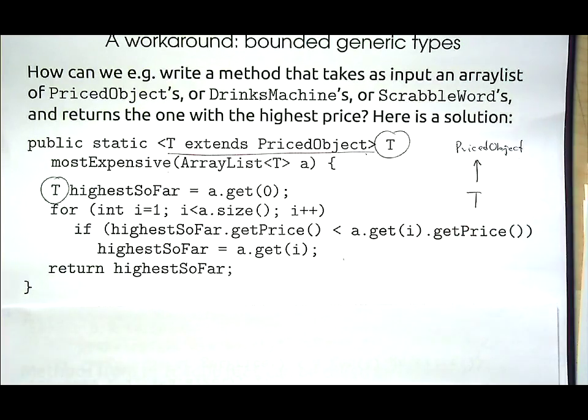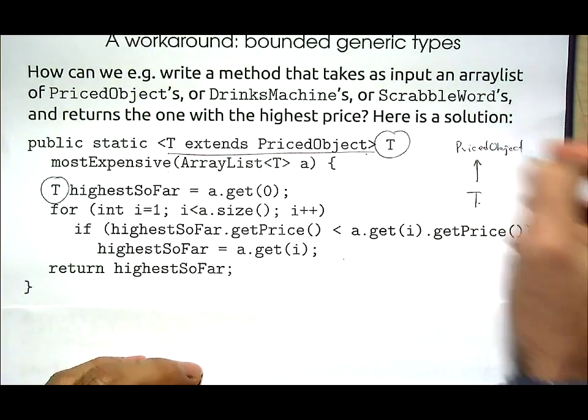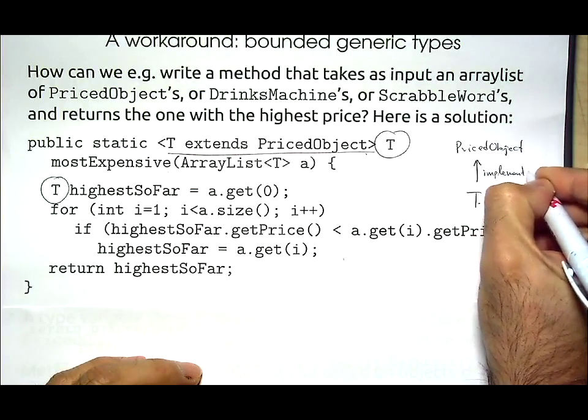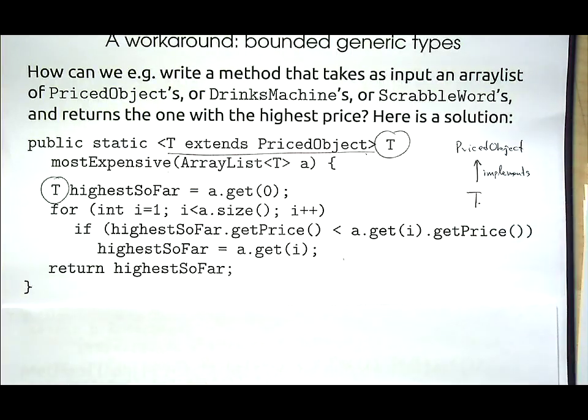By these arrows, I mean that this guy is below this one. In this particular case, it implements this guy, because priced object is an interface. So T must implement priced object. And the rest of the code is the same.